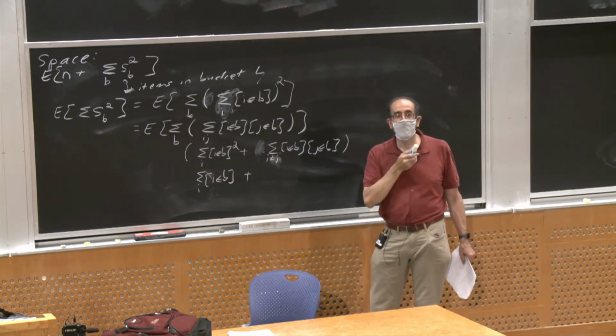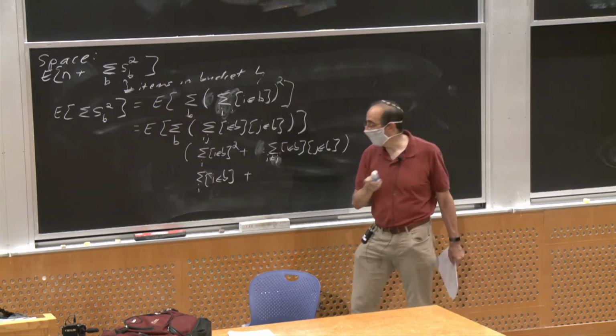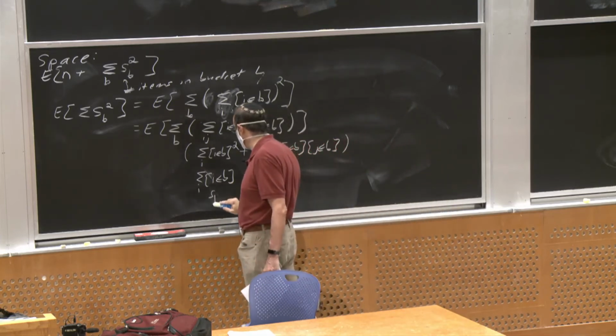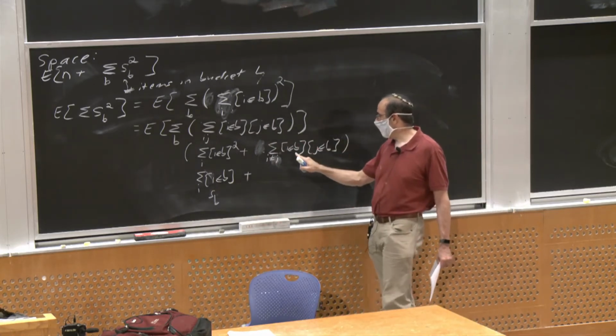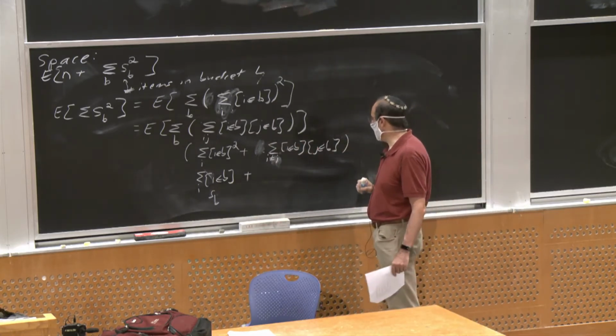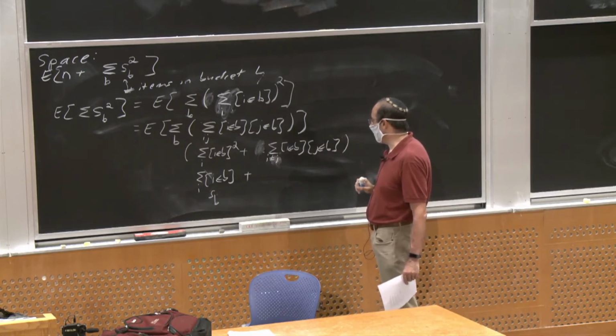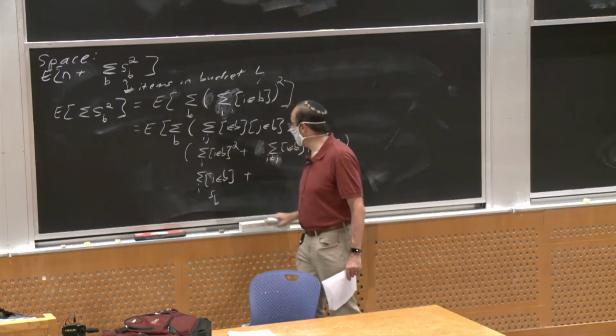Size of B. Now, what about this one? Here we have an indicator variable for I in B and j in B. By itself, we can't do anything yet. But notice that we're now summing this over all B.